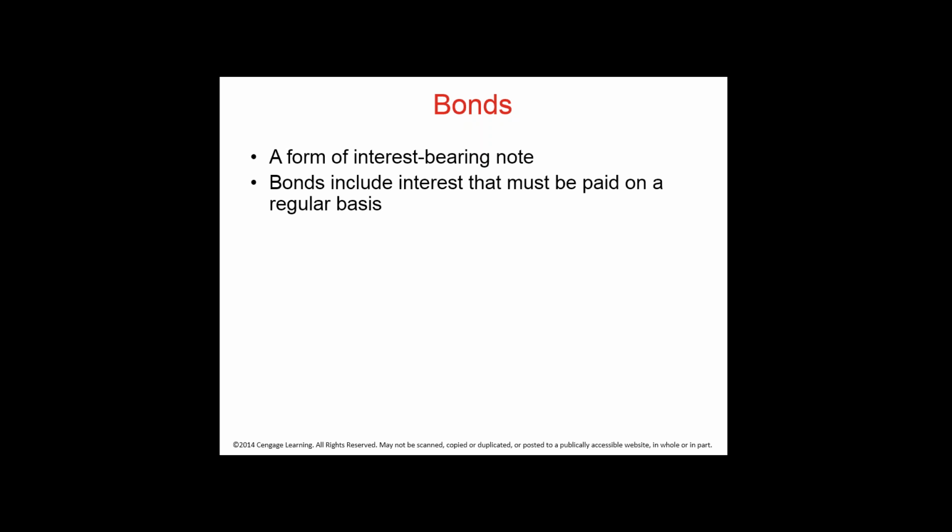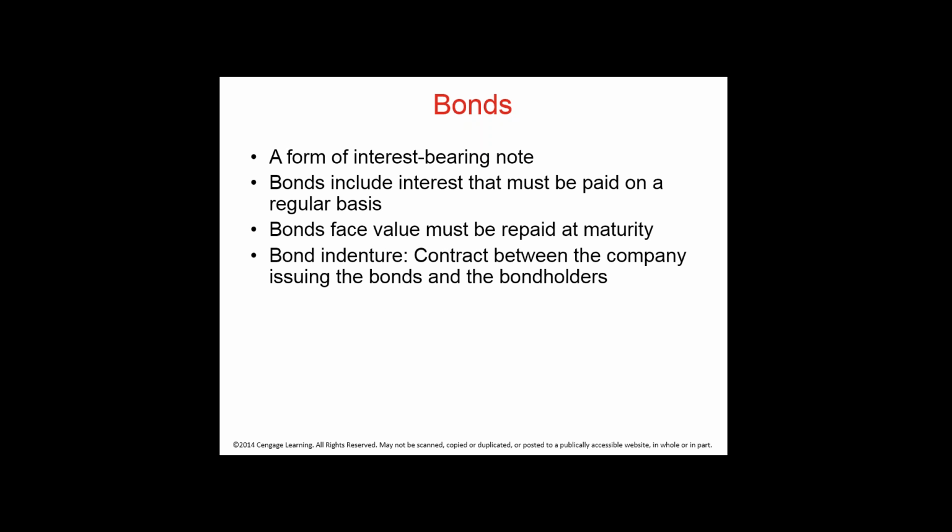In most cases, we're going to look at it being paid on a semi-annual or 6-month basis. At maturity, we will only be paying back the face value. If you've ever heard of a bond indenture, that's simply the contract between the company and the bondholders.